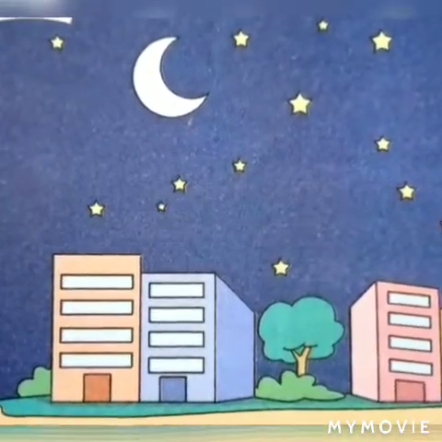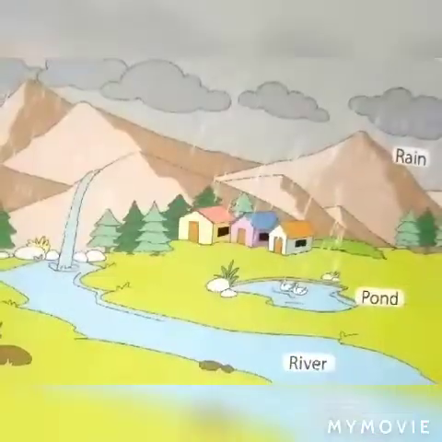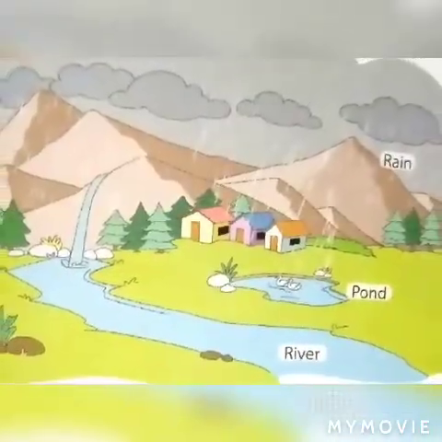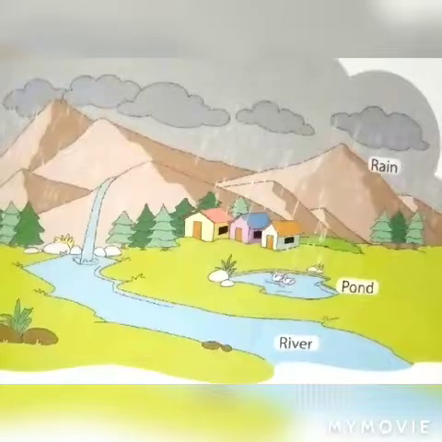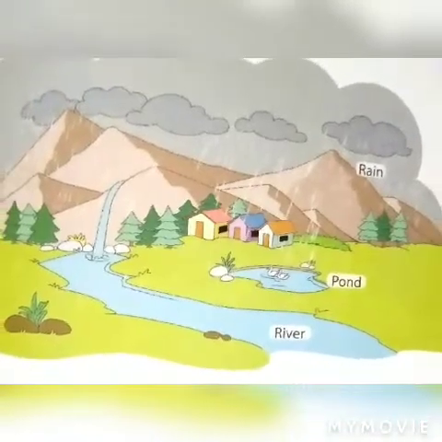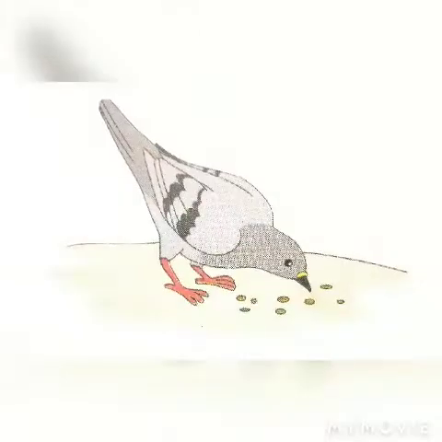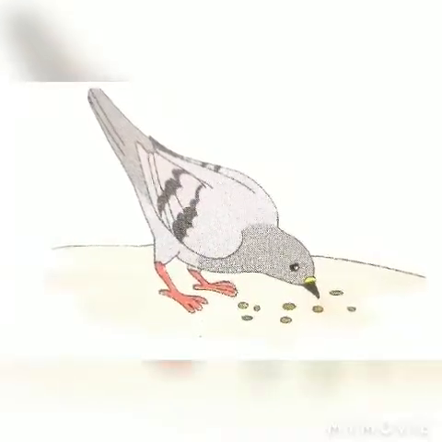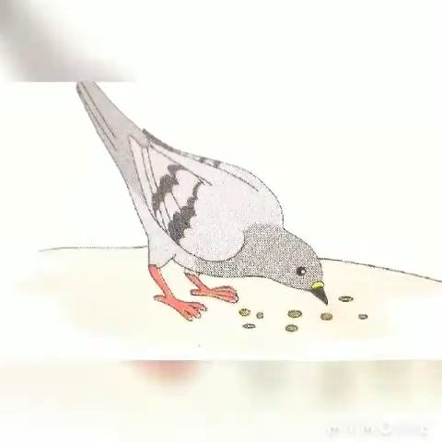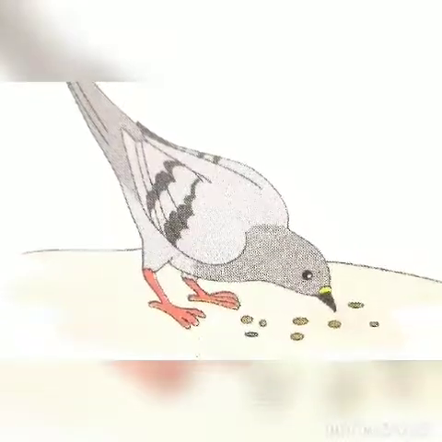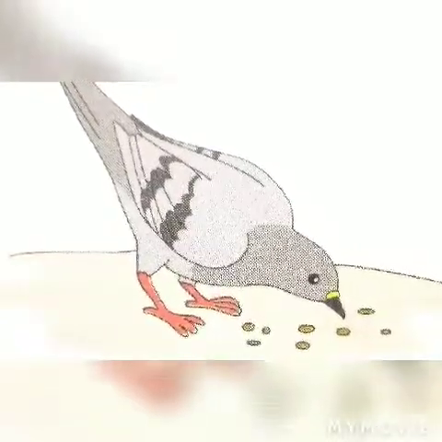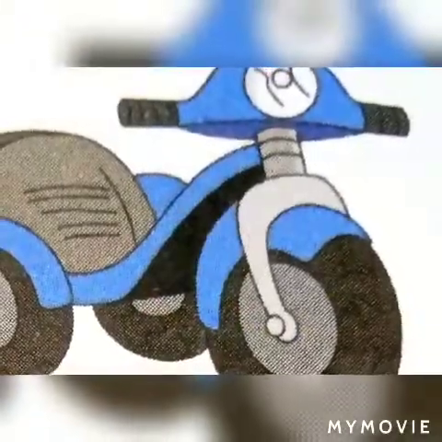Similarly, a chair also moves with the help of humans. When we displace a chair from one place to the other, the chair moves, but it cannot move on its own. So always remember, children, non-living things cannot move on their own.